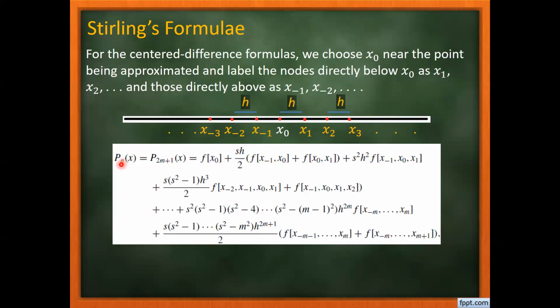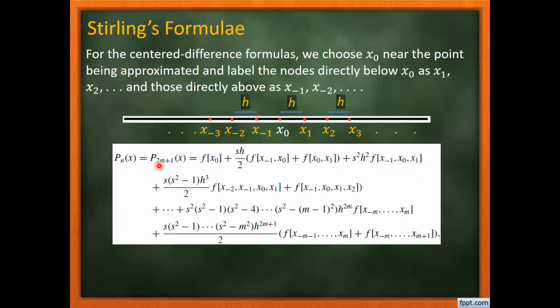Now, why have I replaced this n with 2m plus 1? Because in this case, n is an odd number. And you know that n is actually the index number of the last node. So if n is an odd number, the total number of data points is even.